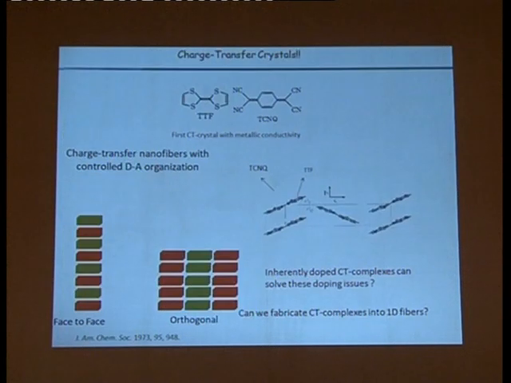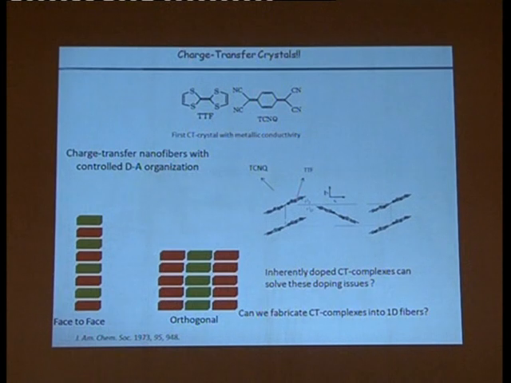So, in this respect, there is another class of molecules called charge transfer systems, which is nothing but a mixed multichromophoric system of donor and acceptor molecules, which are organized cofacially. Okay, so face to face, you can see that this is called a mixed stack charge transfer system, and this is an orthogonal charge transfer system. And this is the well-studied TTF-TCNQ system, which is known to be conducting.